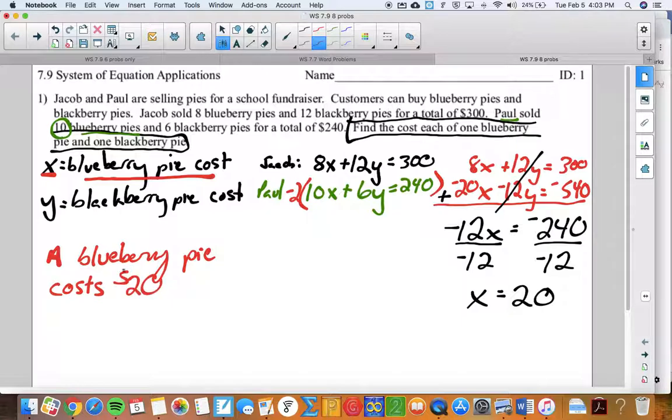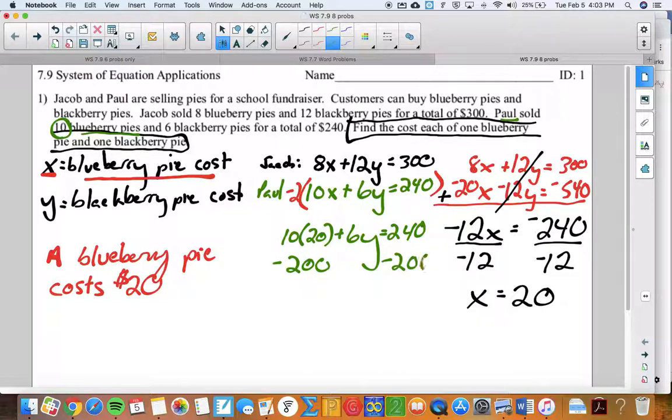Well, wait a minute. If I know the cost of a blueberry pie, couldn't I figure out the cost of a blackberry pie? I'm going to use the bottom equation because it has smaller numbers. Paul sold 10 blueberry pies at $20 each, so he sold $200 worth of blueberry pies.